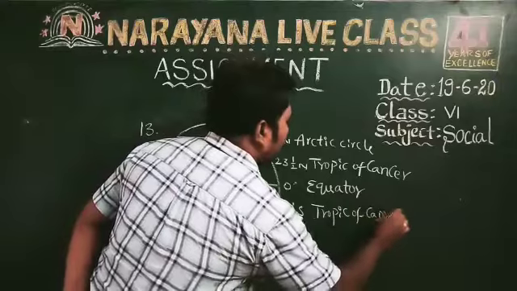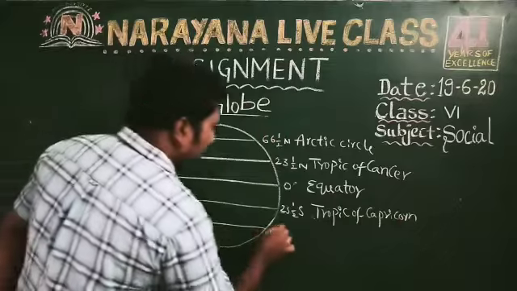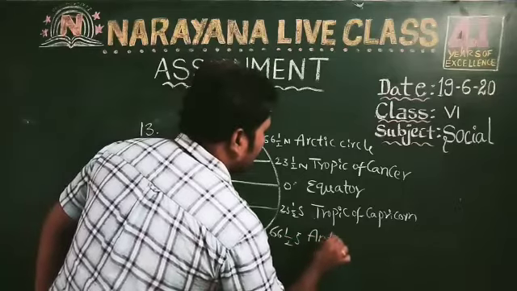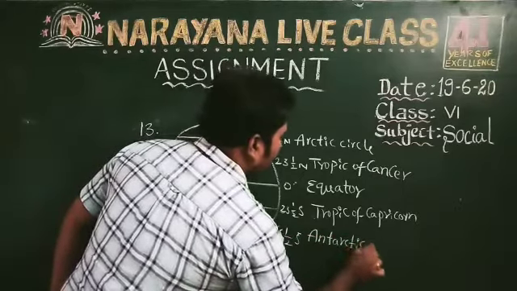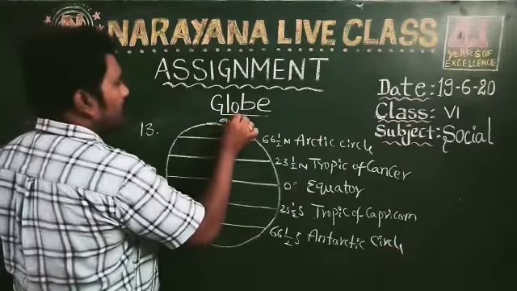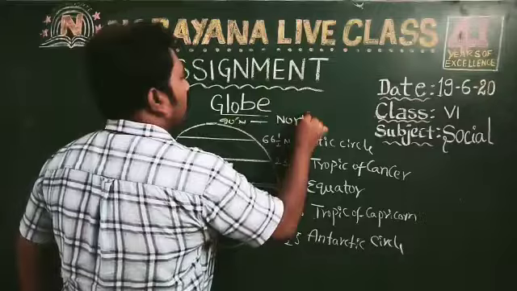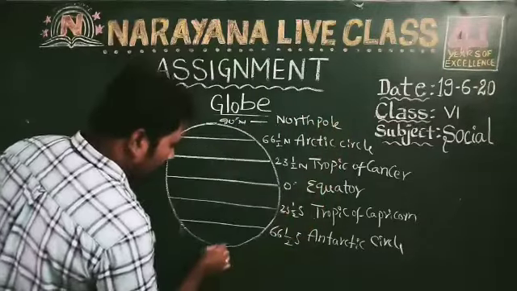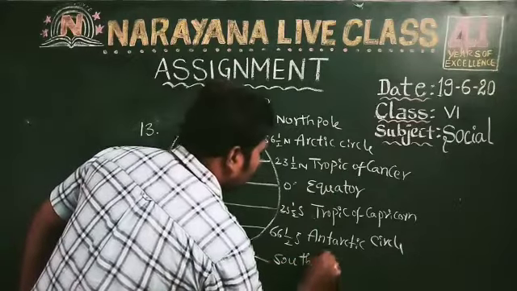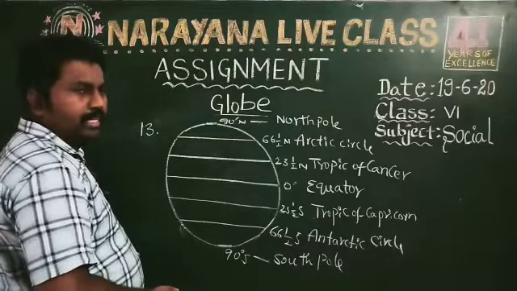Then 66 and a half degrees south, Antarctic Circle. Now 90 degrees north, this is the North Pole, and this is 90 degrees south, South Pole. So these are the parallel lines of the globe, right children?